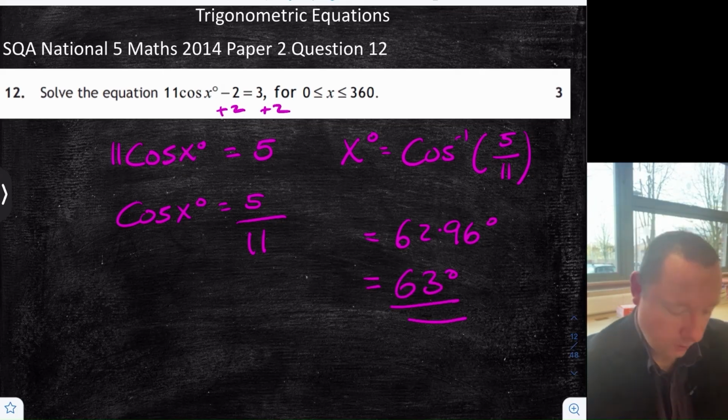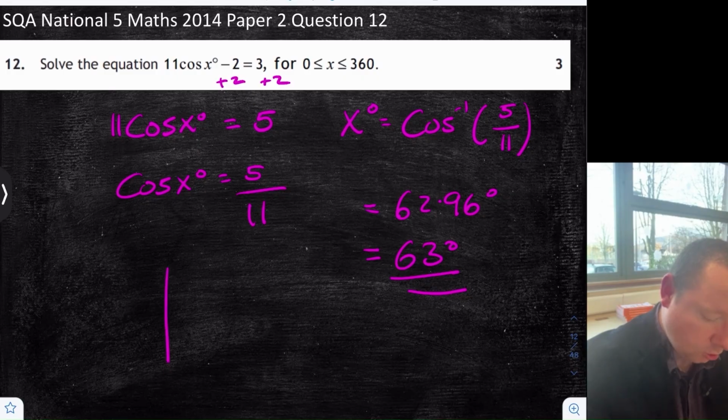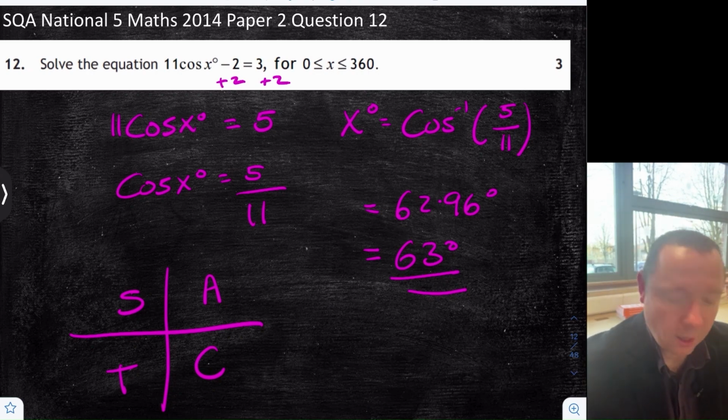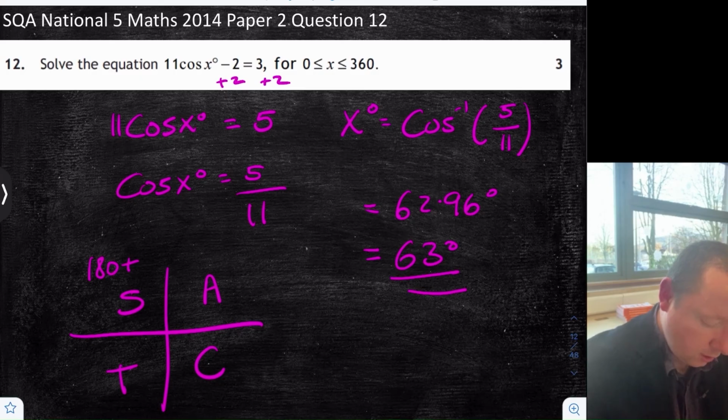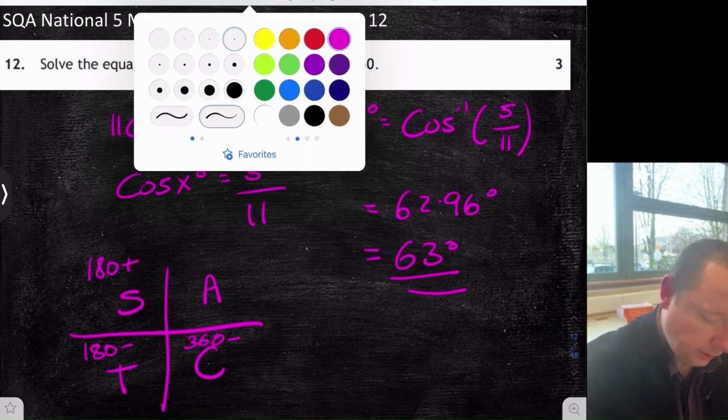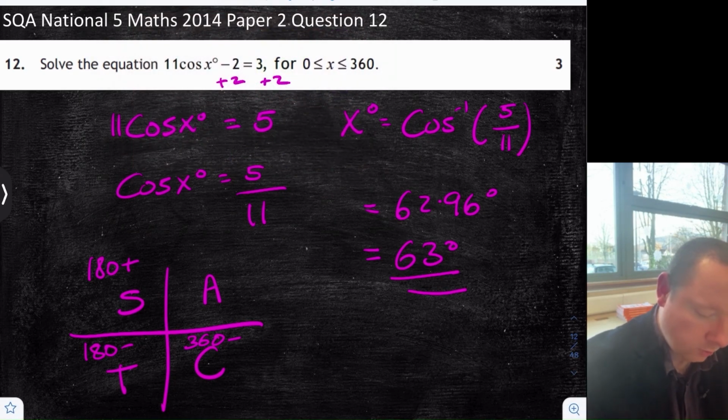But that isn't our only answer, because you can draw a CAST diagram to find your related angle. So you'd always start on the bottom right and then go anti-clockwise. In this quadrant, it's 180 plus the angle. This one is 180 minus, and this one is 360 minus. Now, to work out which you've got, you need to check, was your original thing positive or negative?